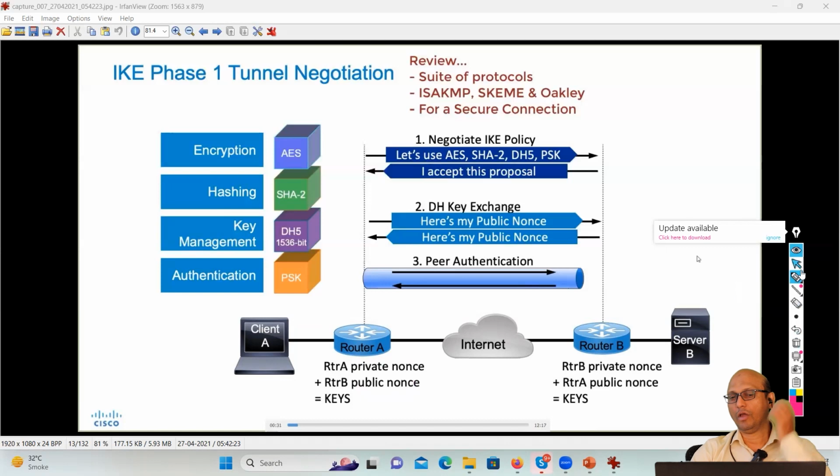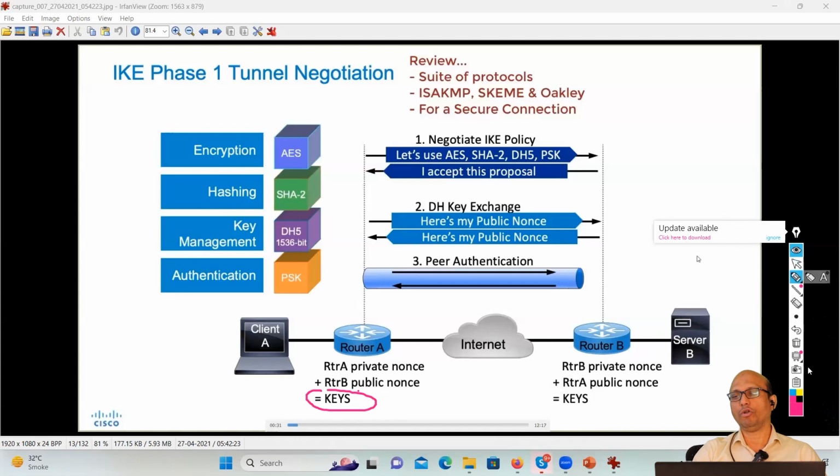But they won't send the private key, and they will club this key, private and the public key of B, and it's going to make one key called shared secret key. So what is shared secret key? Shared secret key is the combination of router A's private key and router B's public key. That is called shared secret key.